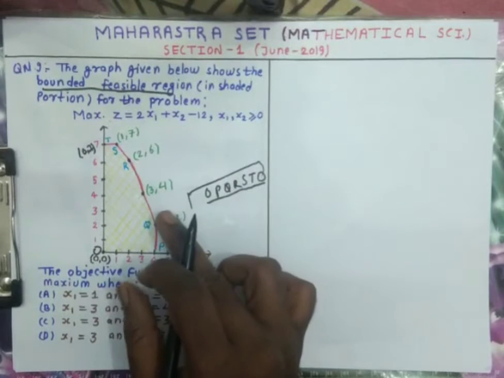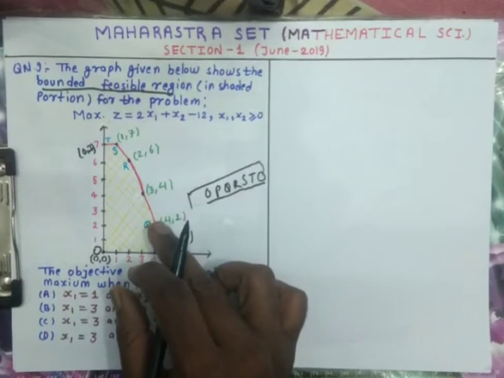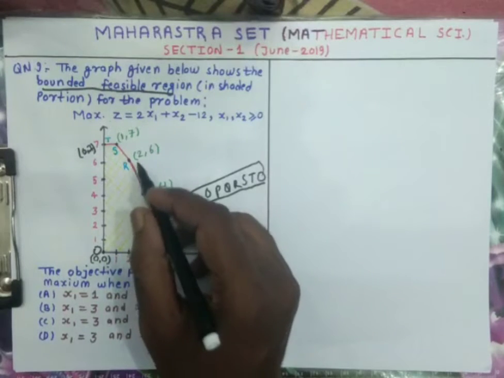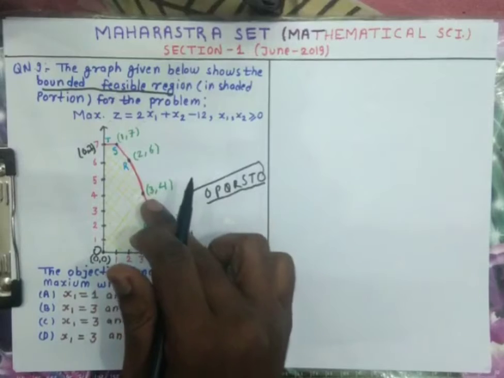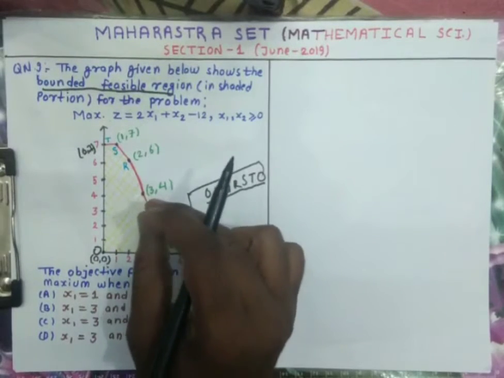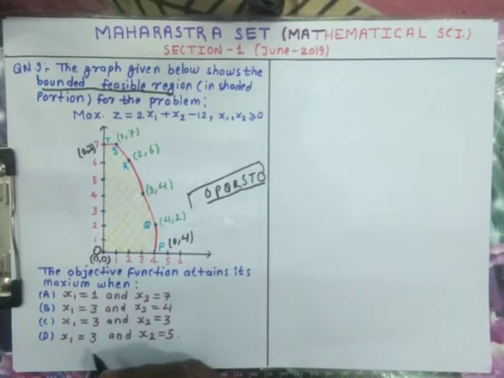If two corners have the same maximum value, then every point on the line joining these two points also gives the maximum value of this LPP.